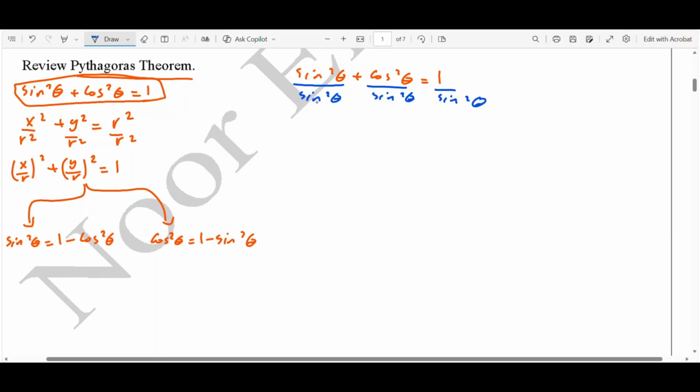Sine squared over sine squared equals 1, plus cosine theta over sine theta, all of them squared, equals 1 over sine theta, all of them squared.